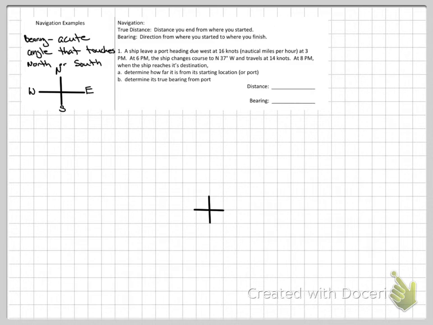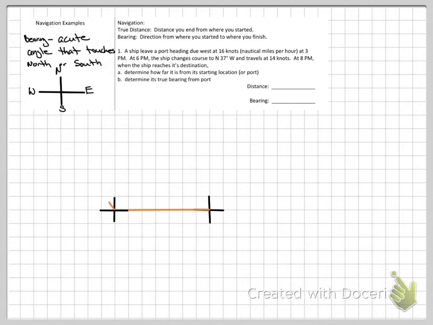Now I'm going to draw what my boat does. My ship leaves port heading due west. That means literally on the west line, you go straight west for some amount of time. Just so you know, these are never to scale, right? I'm not going to count out how many blocks it needs to go. Then you draw a new compass where you are currently, because you need a compass every time to know which way you're going. That was 16 knots, and we'll put that in there in a minute, but then it changes course to northwest, north 37 degrees west.